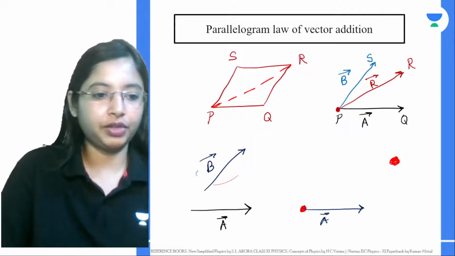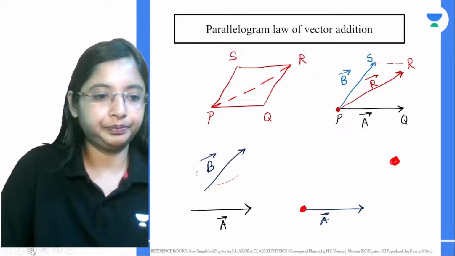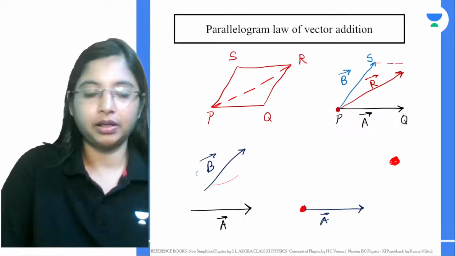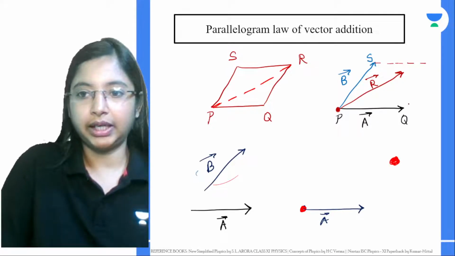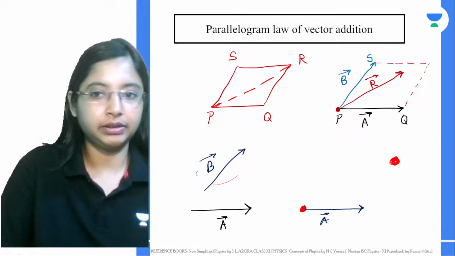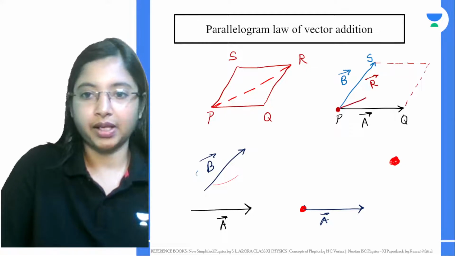So if you see over here, you can actually extend the parallelogram. This parallelogram goes up to here, and let's say this one goes up to here. So the resultant would be in this direction.